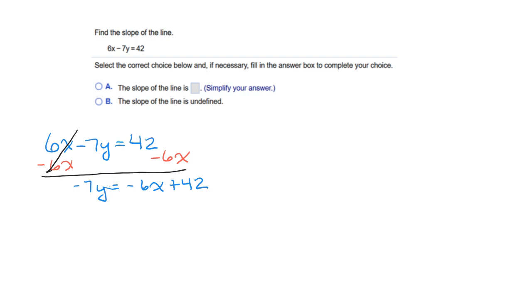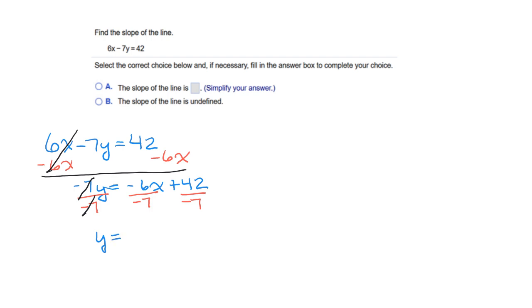I do not quite have my y by itself, so what I need to do is undo this multiplication. This is a negative 7 times y. I will divide, but I have to divide every term by negative 7. That's called an equation; we need to keep that equal sign. So negative 7 divided by negative 7 is 1, and 1 times y is just going to leave me a y on the left-hand side.